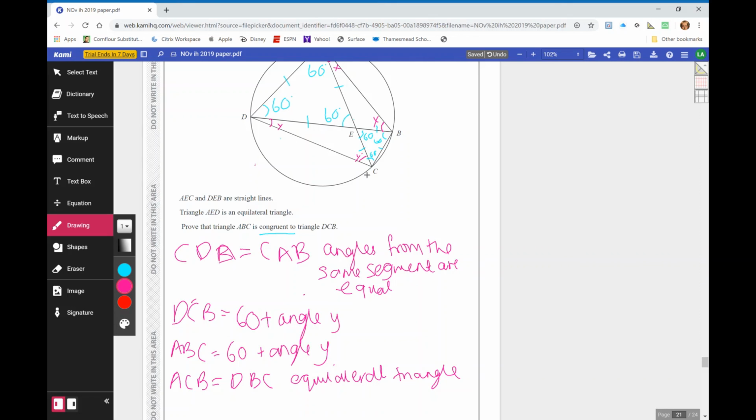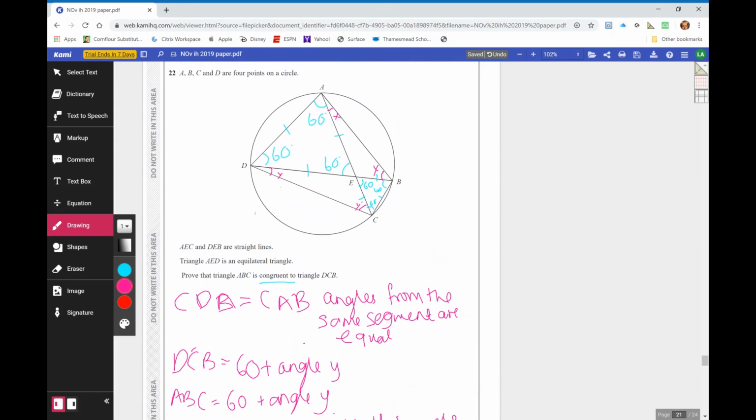So that proves at the moment AAA almost, because you've got angle there, angle down here, and then the other third angle. Actually proving 2 angles is fine because the other angle will always be the difference between the two, because they always have to add up to 180.